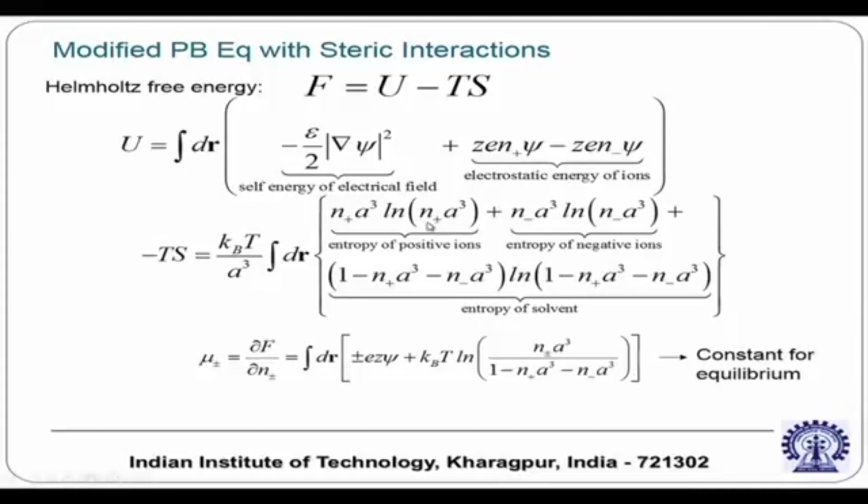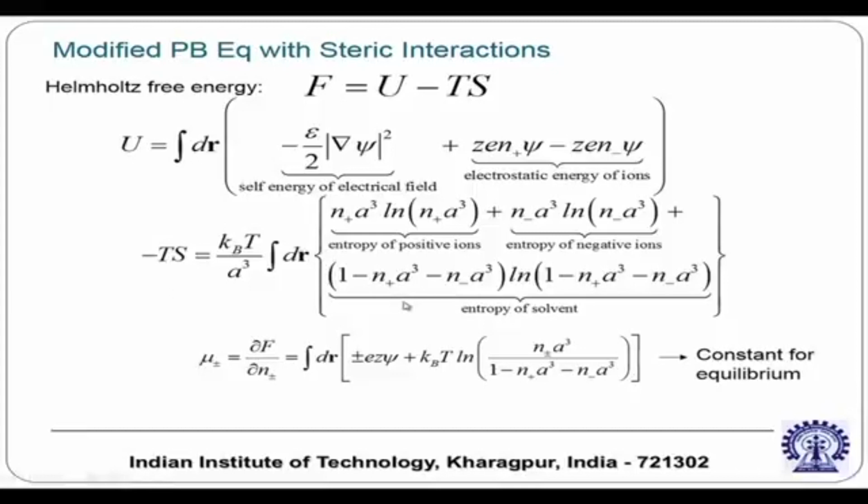So this is the entropy of the positive ions, this is the entropy of the negative ions, and there is also a solvent. If 1 is the total fraction, then 1 minus positive ions minus negative ions is the contribution of the solvent. That is how this formula comes, very simple and straightforward.